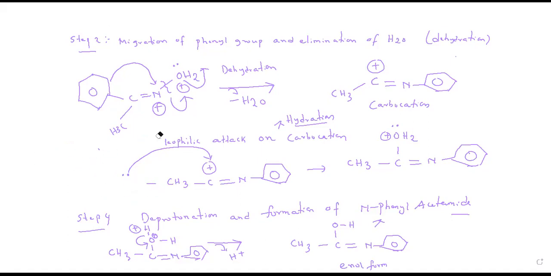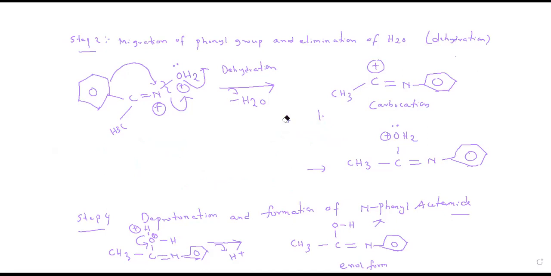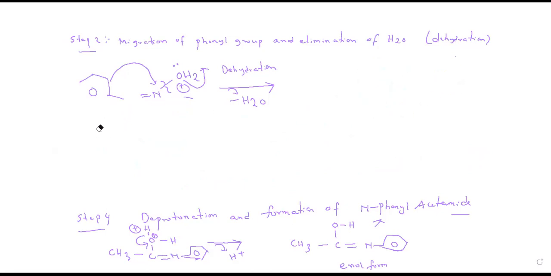I will show you how to write the keto form of N-phenyl acetamide. The enol form of N-phenyl acetamide is already formed here, but this enol form readily undergoes tautomerism to convert into a keto form.